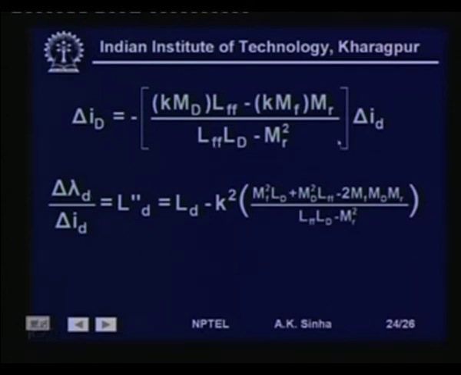Therefore, writing down the equation for delta lambda d in terms of delta I d, we get the inductance which we call the subtransient inductance as L d minus k square into this term. Here we see this term is much larger than what we had seen earlier, and therefore the subtransient inductance as seen by the direct axis winding is much smaller.